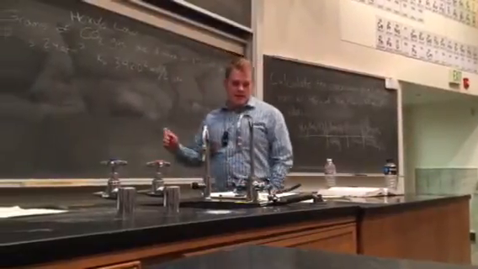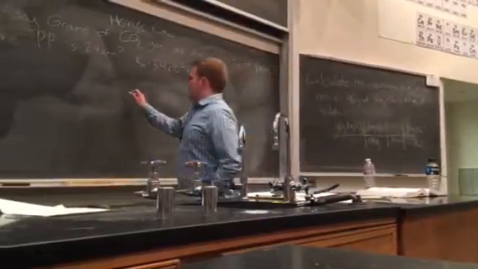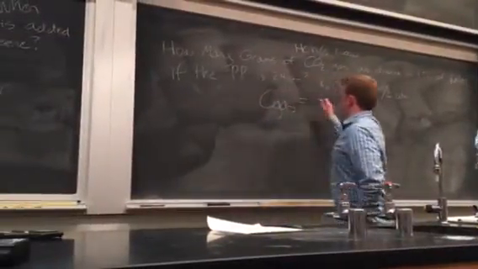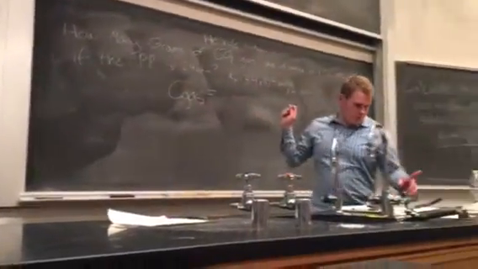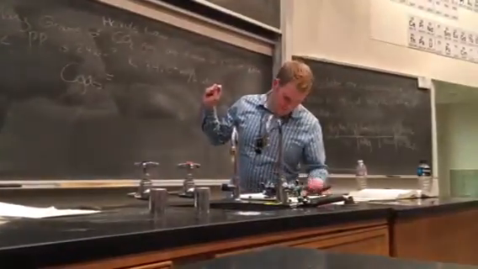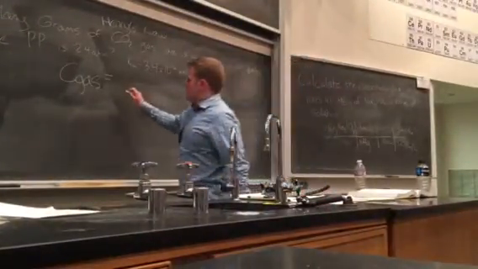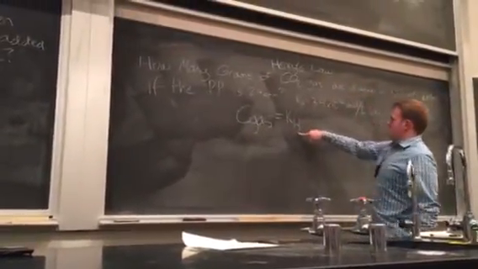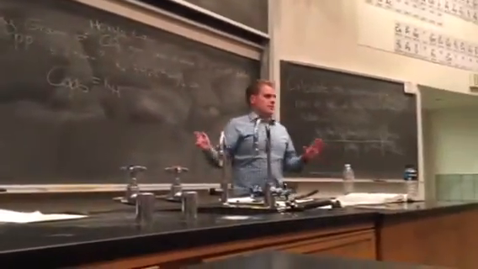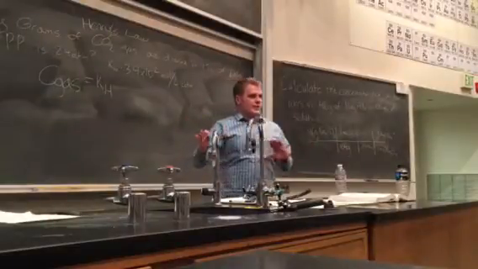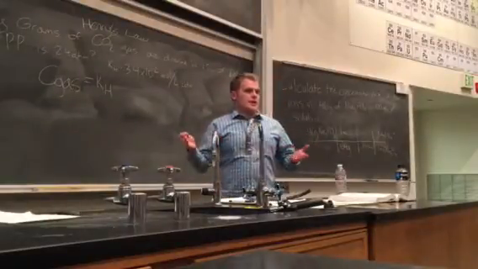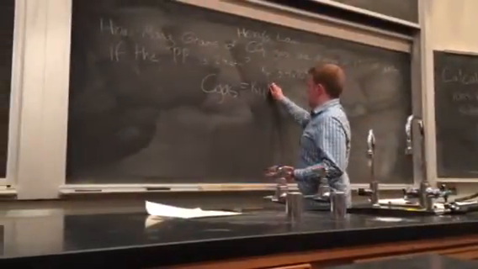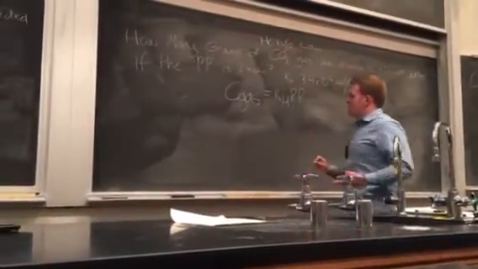Henry's law says that the concentration of the gas is equal to the KH, which is a constant. Each of these constants is unique for each scenario, so CO2 in water has a different constant than nitrogen in water. And so the KH times the partial pressure.